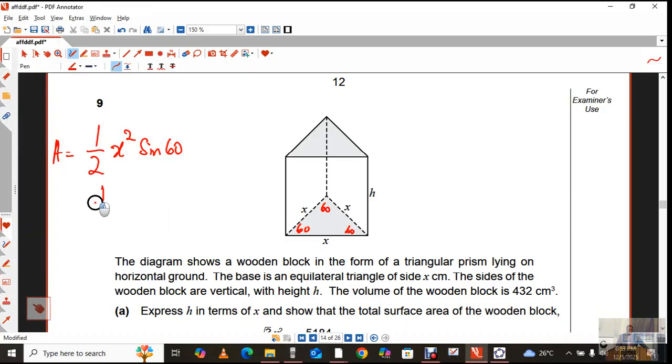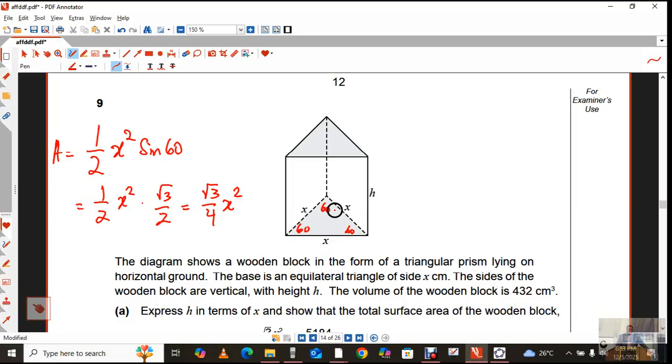So this is a half x squared times root 3 over 2, which is going to be root 3 over 4 x squared. This is the shaded part for one of those triangles. If it's 2, I'm going to say times 2.